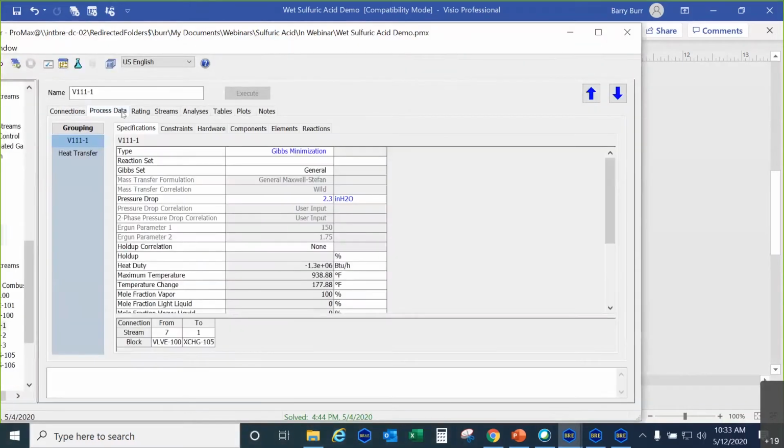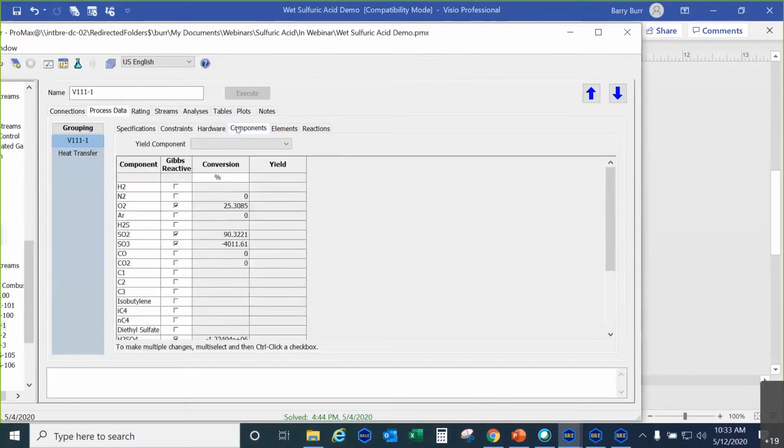So this reactor is going to be simpler than the one I had before, because we use Gibbs minimization, but we select the components for those two reactions. We select SO2 and oxygen, which form SO3, and we have SO3 selected along with water that it reacts with to hydrolyze to sulfuric acid.